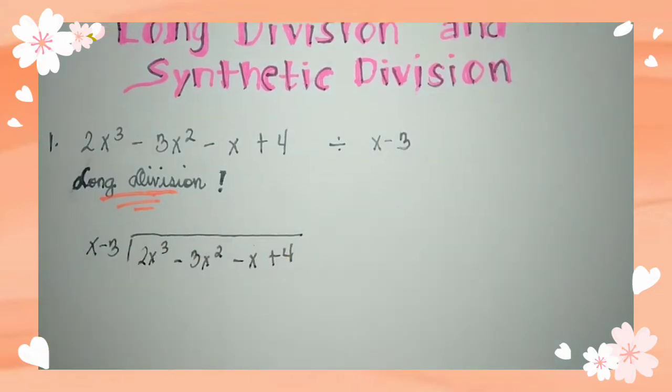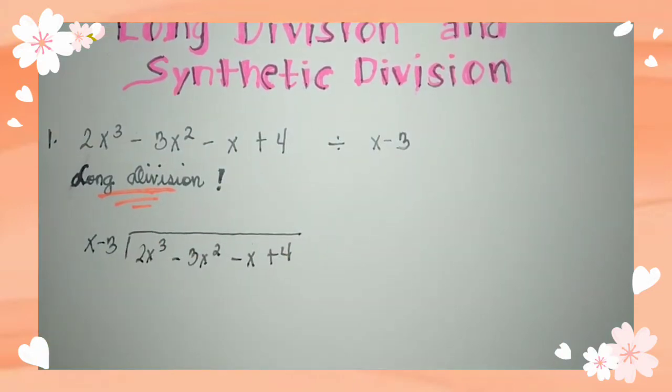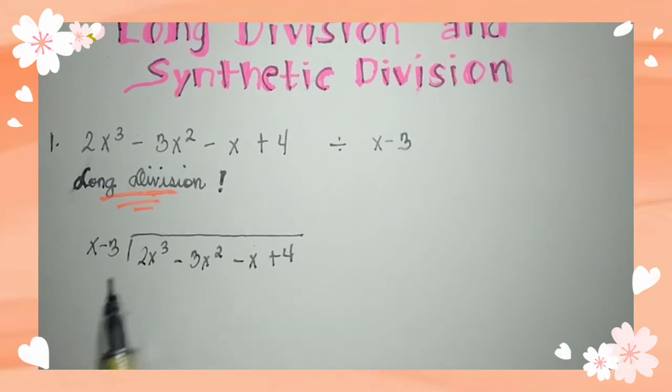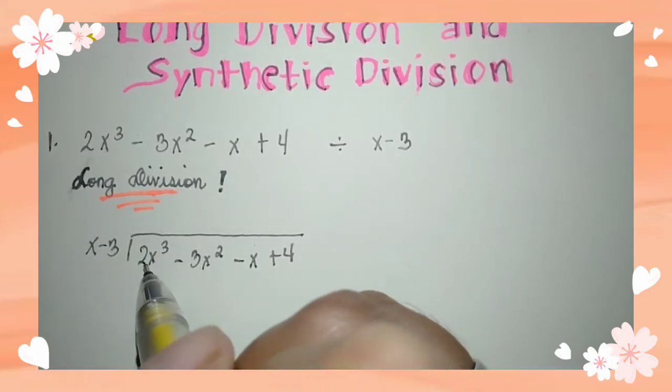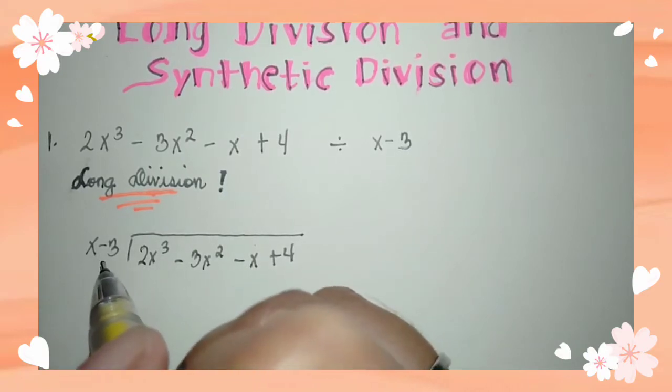by x minus 3. So, all you have to do is to listen and follow what I am doing. On the first term, we have 2x cubed. And when we are going to divide, una muna nating titingnan si first term. We have 2x cubed. And saan natin siya i-divide? Kay x ba? Kay negative 3 ba?